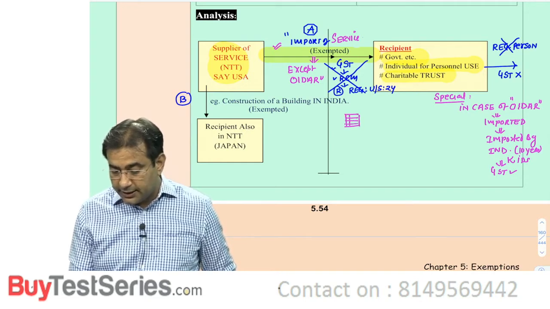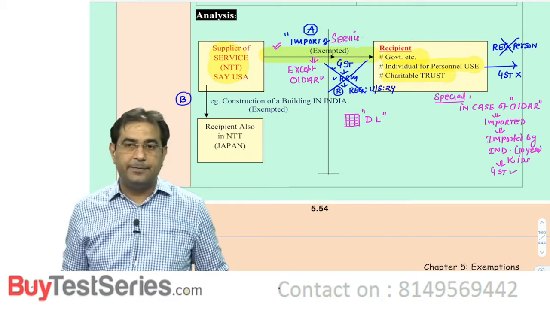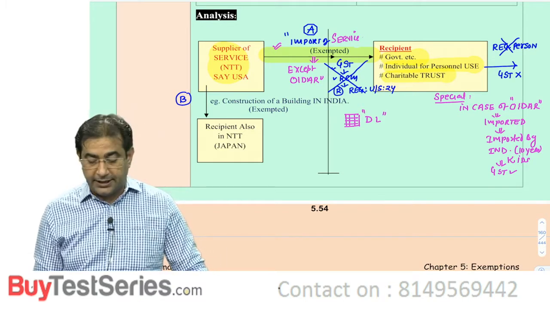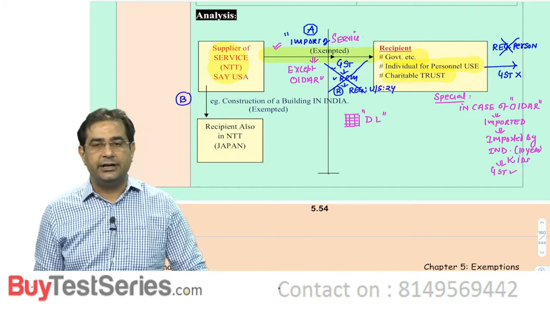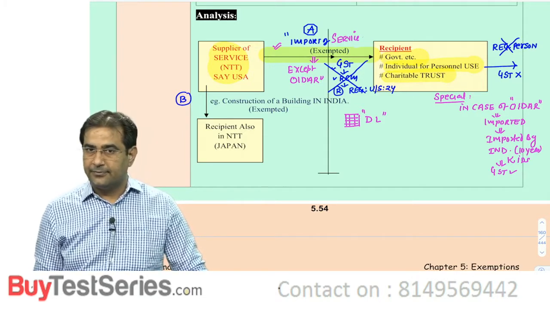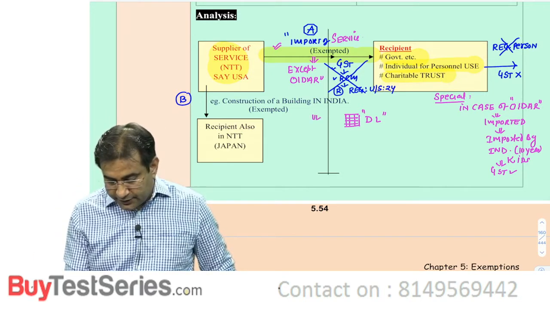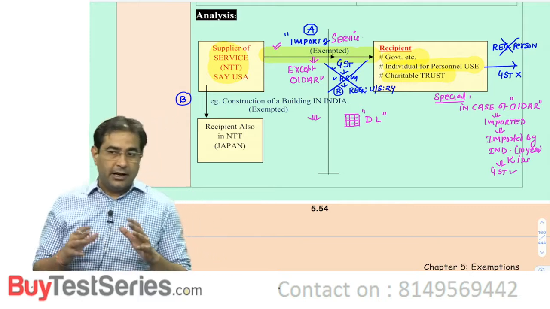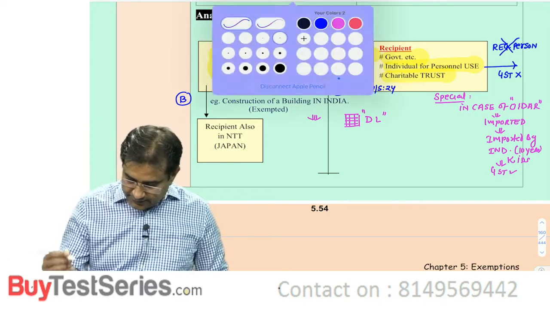Suppose in Delhi, a building is constructed. That is, a USA construction company is constructing the building in India on behalf of a client located in Japan. Right? Now, we should make a linkage of this concept to clarify everything in a perfect manner.